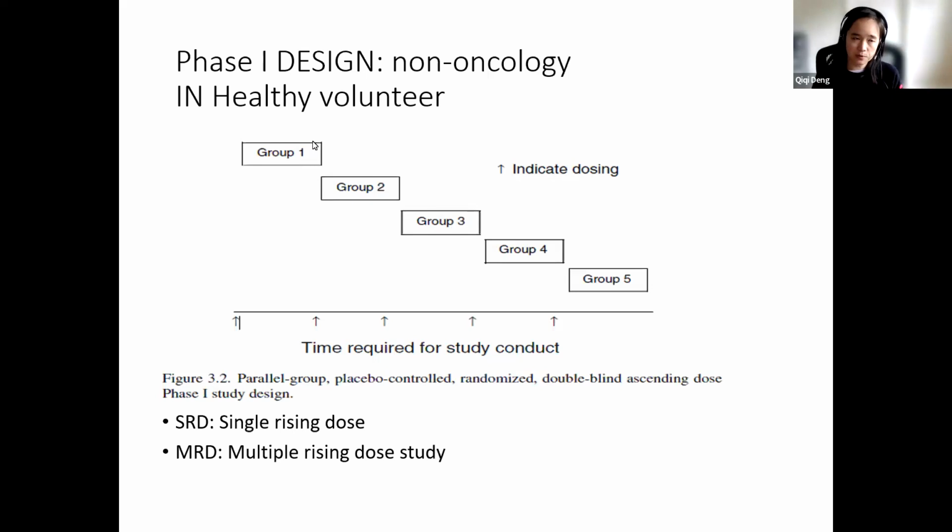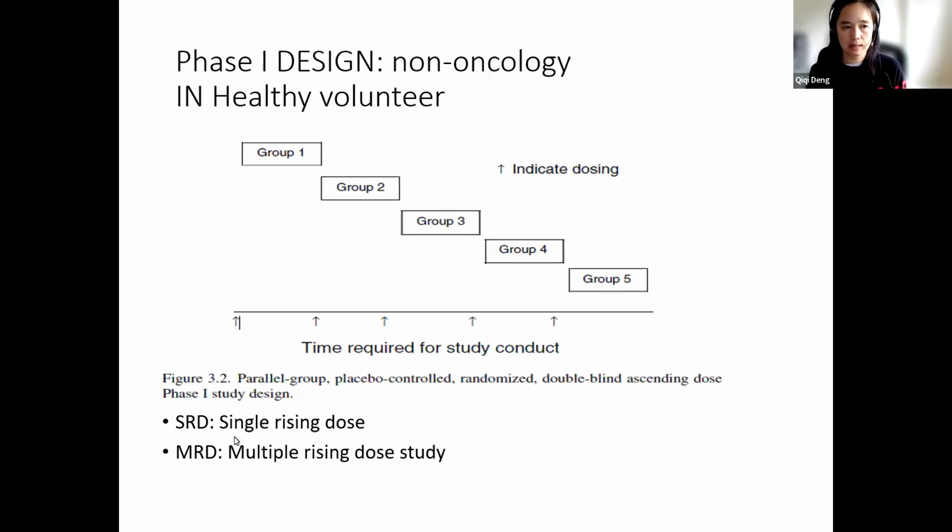For the first group, for example, you can assign 3 subjects on the testing drug at a low dose, and then 1 subject on the placebo. And then once you confirm this dose is safe, you move on to group 2 and try a higher dose. And you just keep doing that.